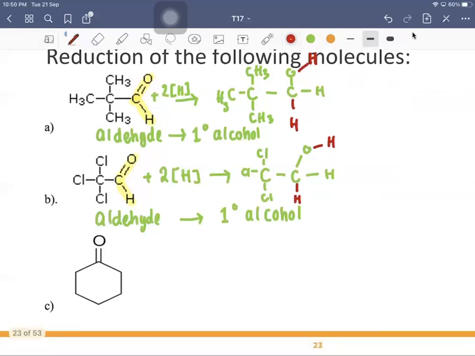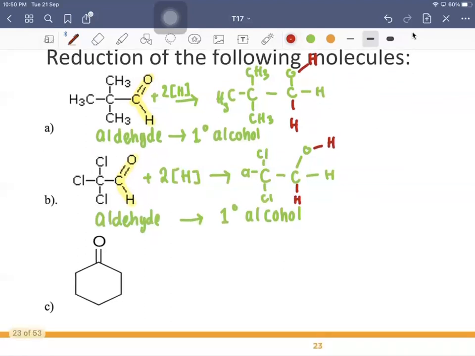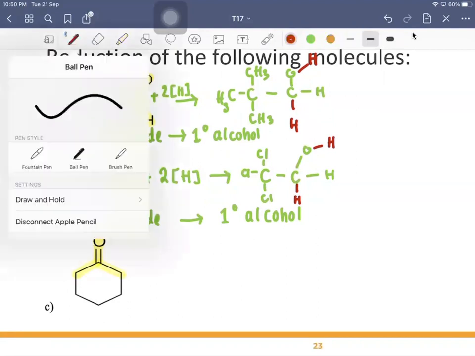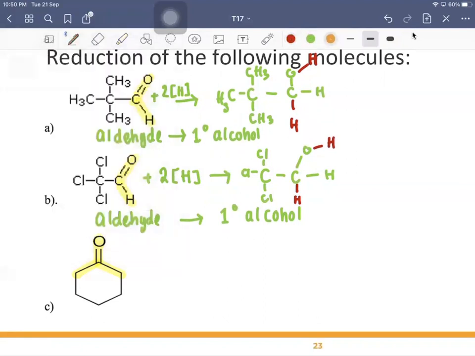Okay. Lastly, this is a skeletal formula. And if you want to identify the functional group, we've got C double bond O attached to 2 carbons. So this would be a ketone. And ketone will be reduced to secondary alcohol. Same thing, plus 2 hydrogen atoms.